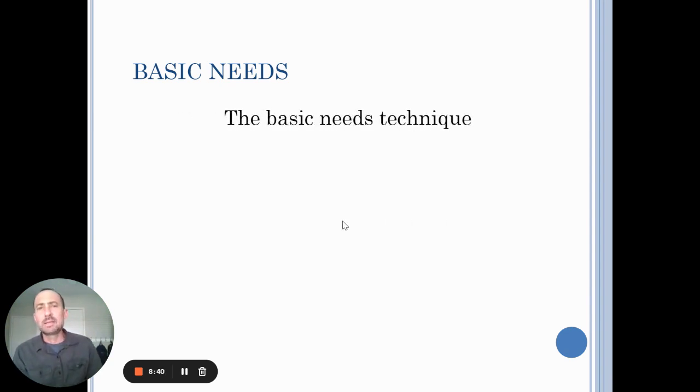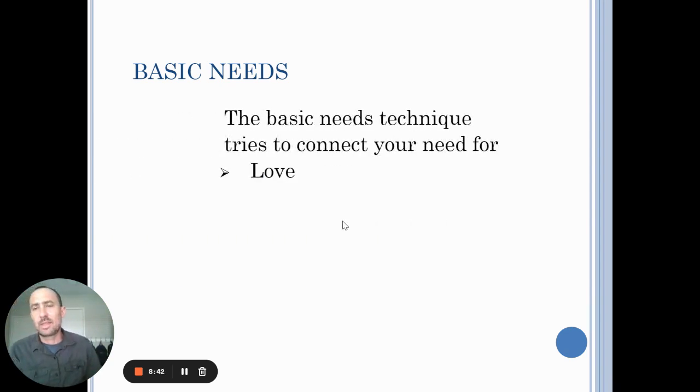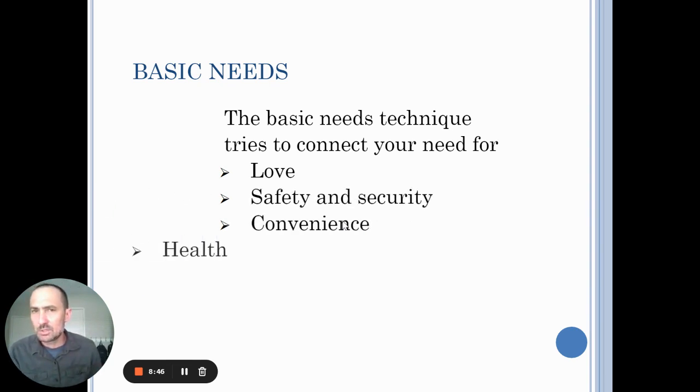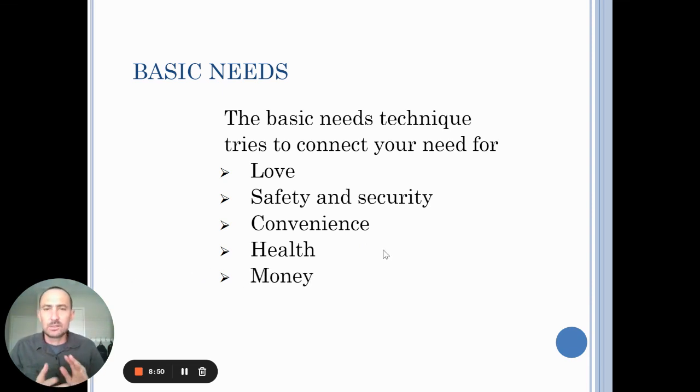So the second thing, basic needs, are techniques that incorporate human emotions that are necessities. So love, safety, security, convenience, health, money, all of those things are basic needs. Especially for us with love, we can do the idea that Romeo just simply desired for someone to love him back, right?